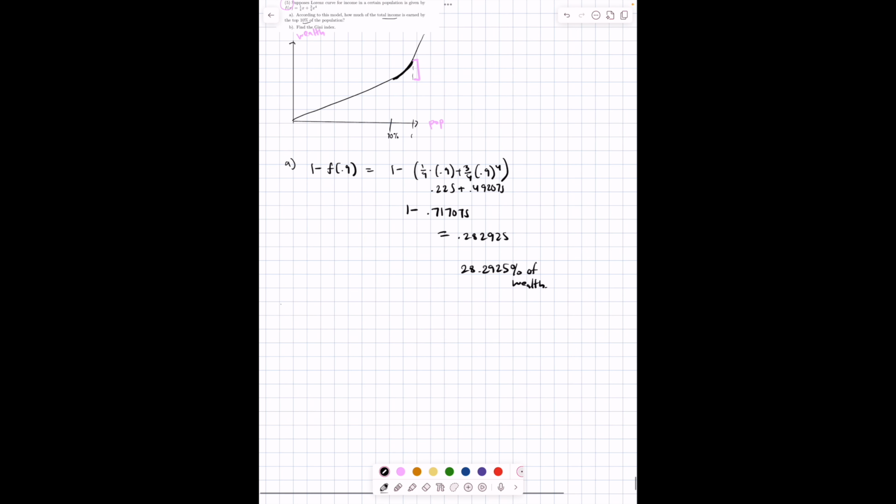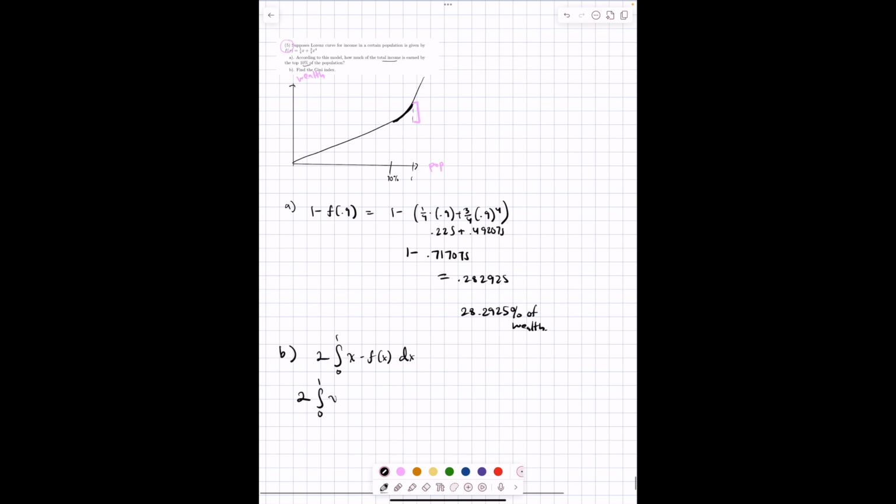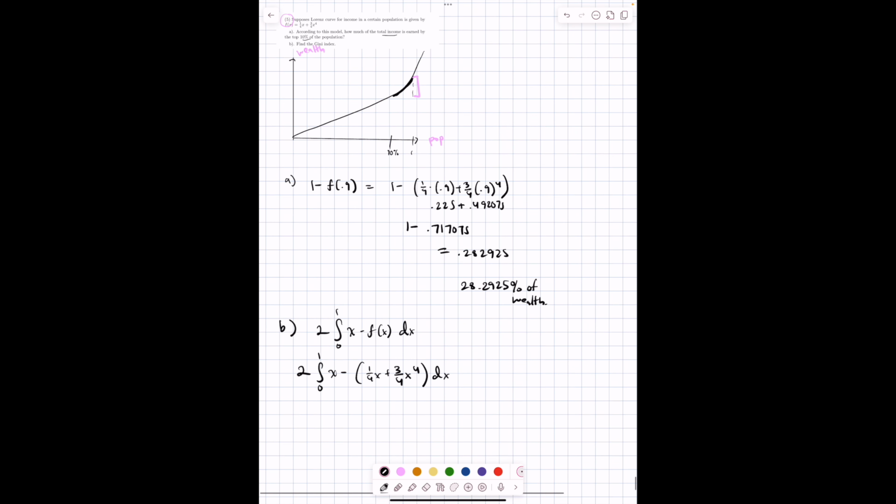Now let's find the Gini index. So the Gini index is really standard. You need to do 2 times the integral from 0 to 1 of x minus f of x dx. I'll just plug in all of the information: x minus 1/4 x plus 3/4 x to the 4th dx.